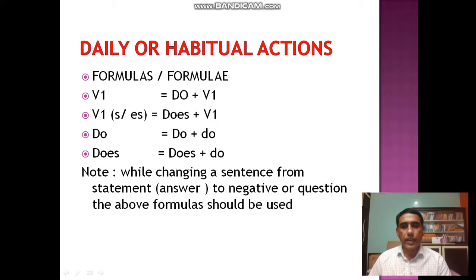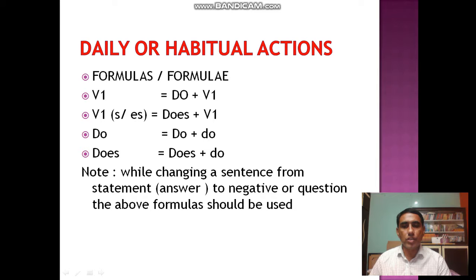If we find do in the place of V1, we need to understand it consists of do plus do again. If it is does, then it means does plus do.